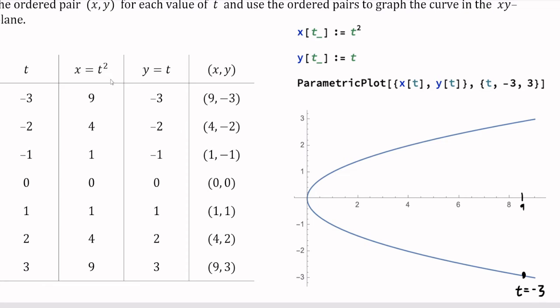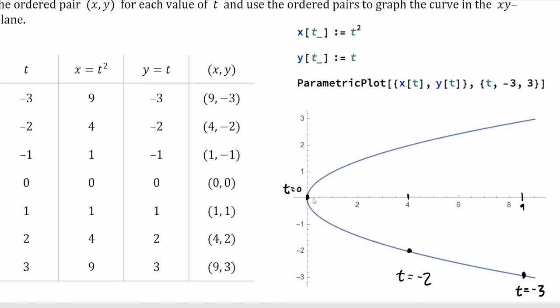And then what you can do is you can start thinking about, like, okay, what happens? Plug a -2 in. I get x is 4. That puts me here. That's right, this one. This is x equals 4. And then plug the -2 into here, I'm at -2. So you can see that as t is increasing, -3, -2, I'm moving up the curve this way. And then you could keep going. 0, 0 is 0, and so that puts me here at t equals 0, just to skip ahead a little.